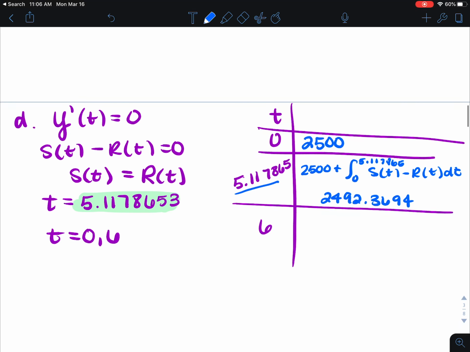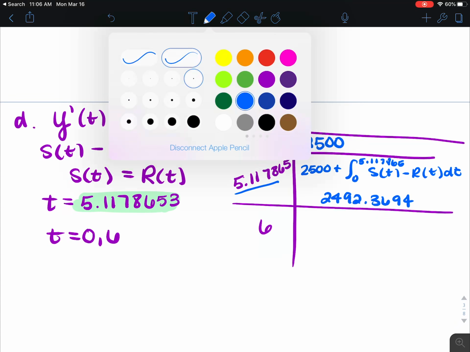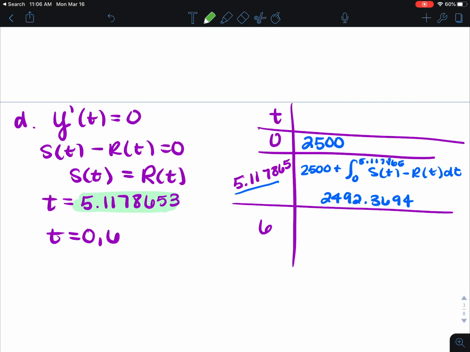So that's smaller than 2,500. Then you're going to do the same exact thing on your calculator for 0 to 6. You change the upper bound from 5.11 to 6, and you should get 2493.27667.